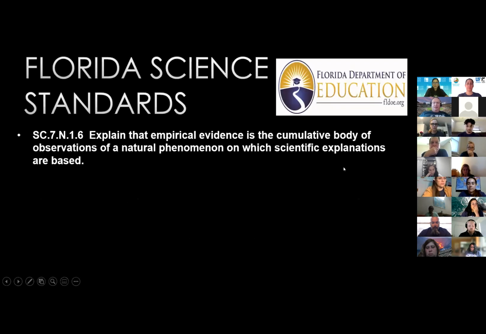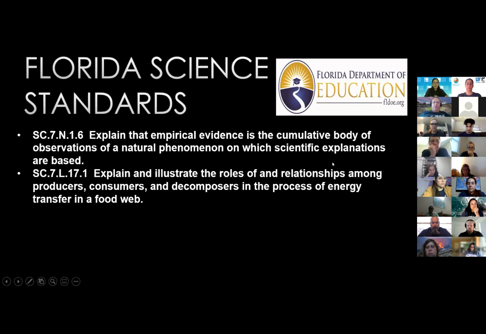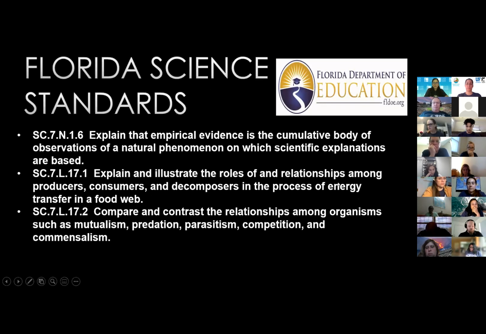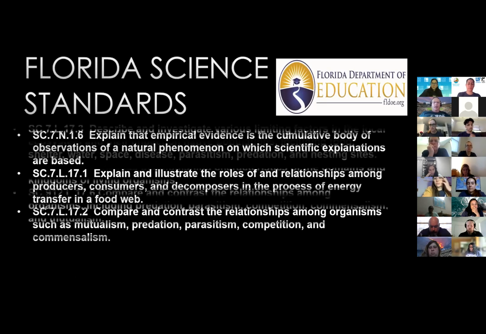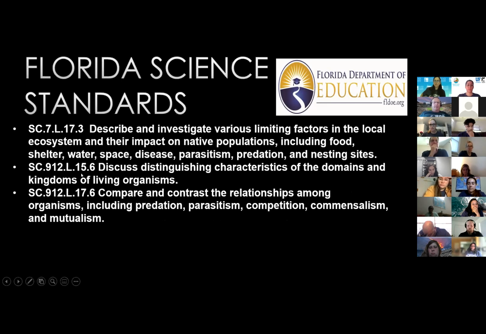Now my standards, I'm just going to throw them up here real quick, but we can always get the empirical evidence in there: producers and consumers, mutualism, symbiosis. And then I come up into some of the higher standards, such as domains and kingdoms, which are not actually taught in 7th and 8th grade, but we like to, at my school, send them with that knowledge when they take 9th grade biology.